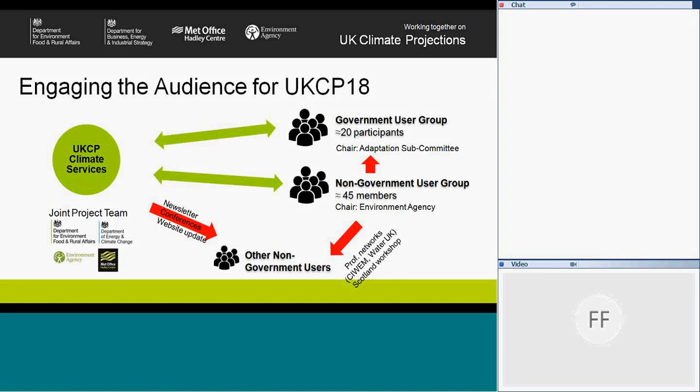In terms of people outside of the project team, we have decided to set up two user groups, one which is the government user group and one which is a non-government user group. The reason we've done that is because of the roles that each of those groups plays in this context. The government user group are responsible for climate risks and have actions under the National Adaptation Programme.